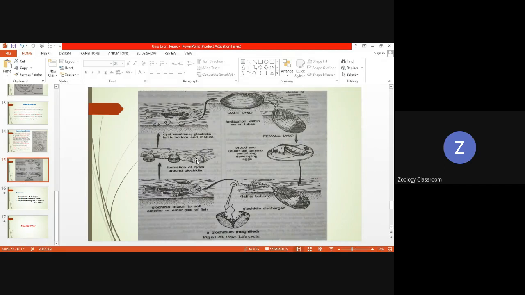As well as whatever parts which are disintegrating, which are now disappearing, that is the byssus thread, sensory hairs, bristles, they are utilized as food during the metamorphosis.